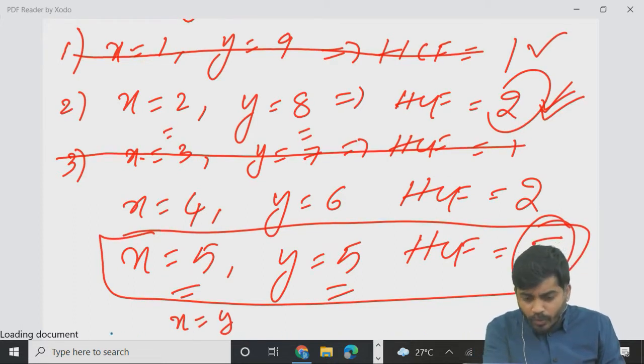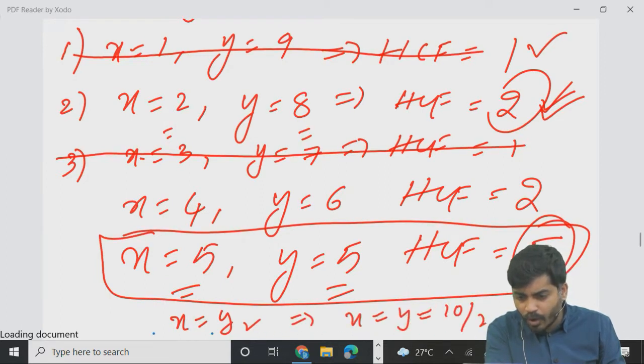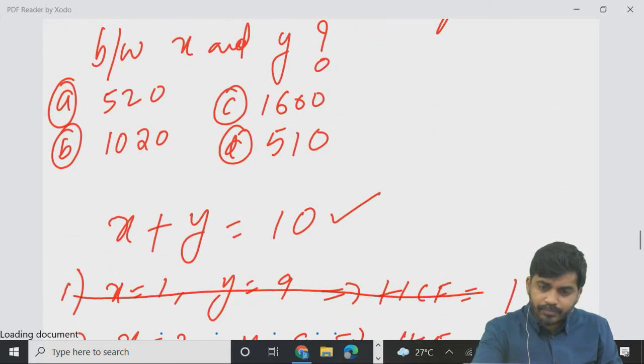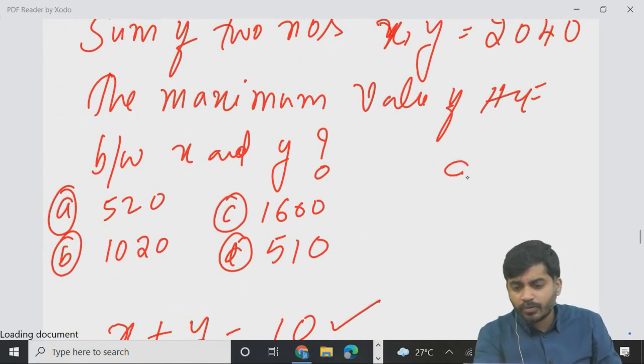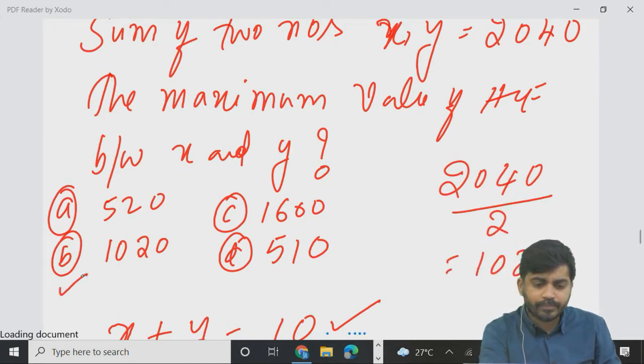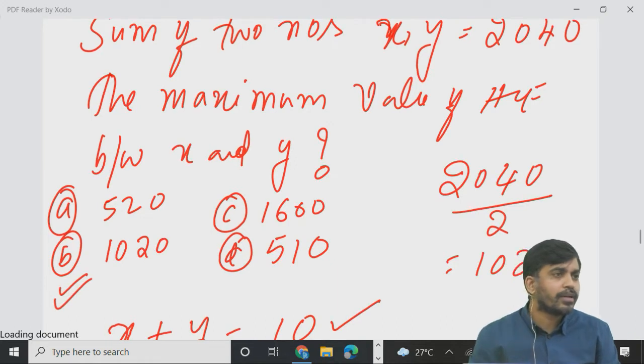So whenever two numbers are equal, each number will be equal to 10 by 2, that is 5. Now tell me the answer for this question. Simple. 2040 divided by 2, 1020. Option B.